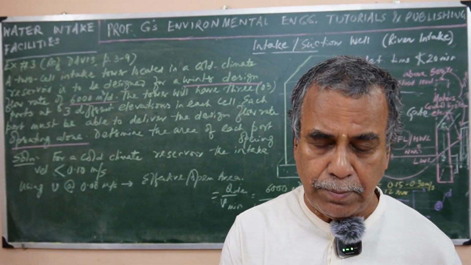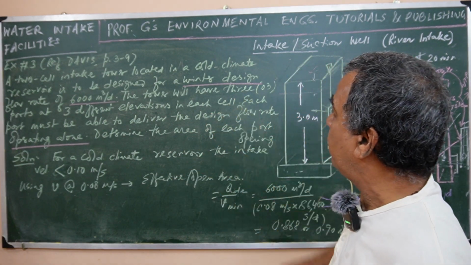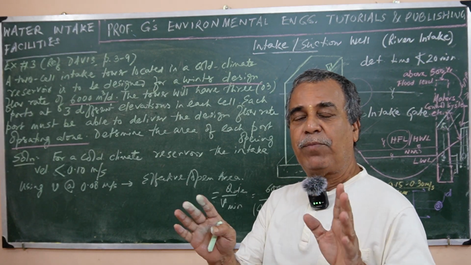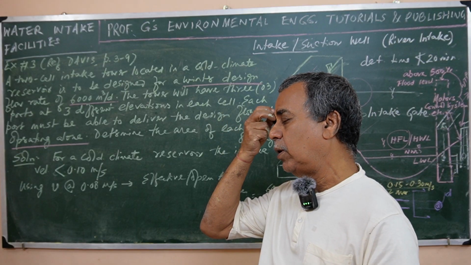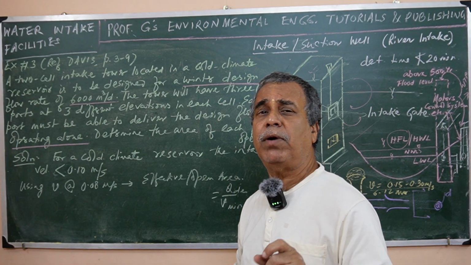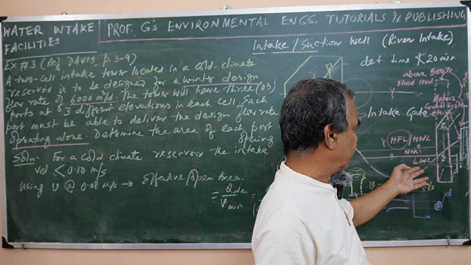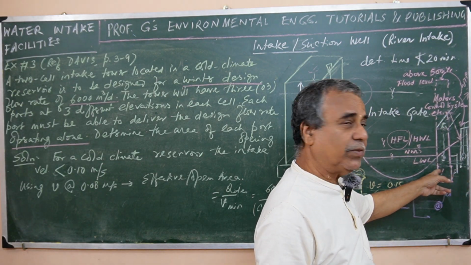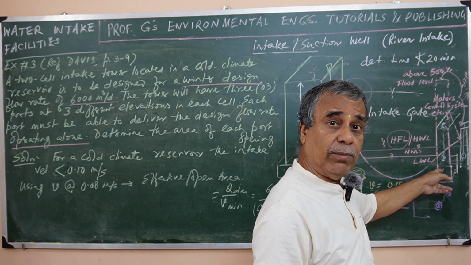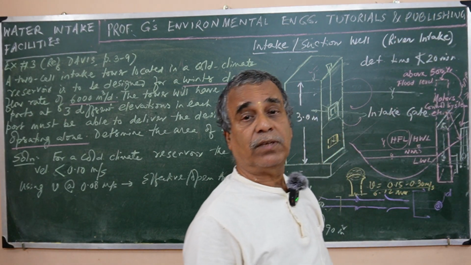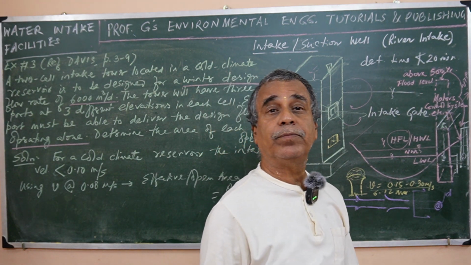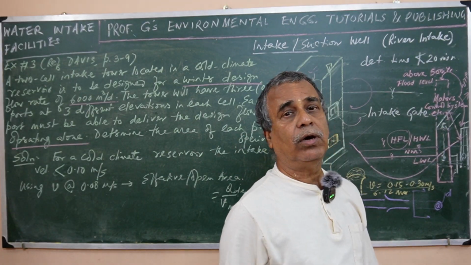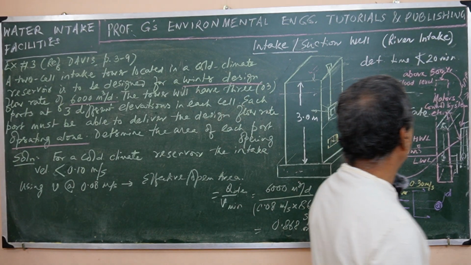This is a very simple problem, but in this cold climate area, you can understand that the first point is that the design flow must be the minimum, so that when the level recedes to the lowest, the intake facilities must be able to meet the maximum demand of the town or the population you are designing for.